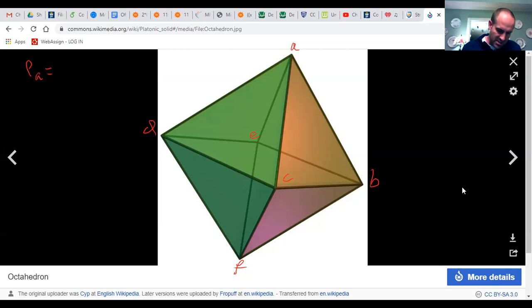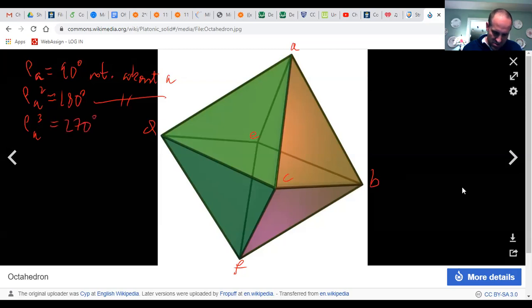So rho A is basically a 90-degree rotation about A, and it's actually an axis through A and F. And of course, I also have rho A squared, which is a 180-degree rotation about A. And then rho A cubed, that's a 270-degree rotation about A. So I have rho A squared, rho A cubed.